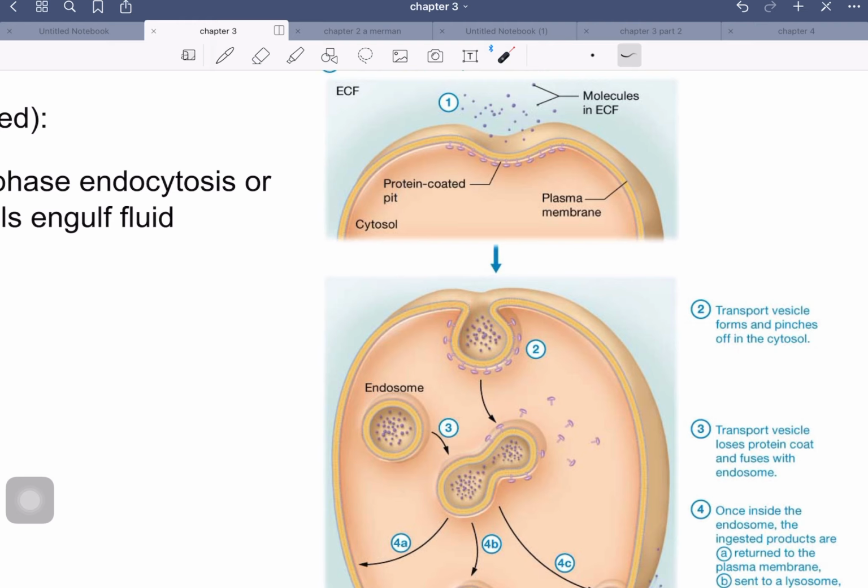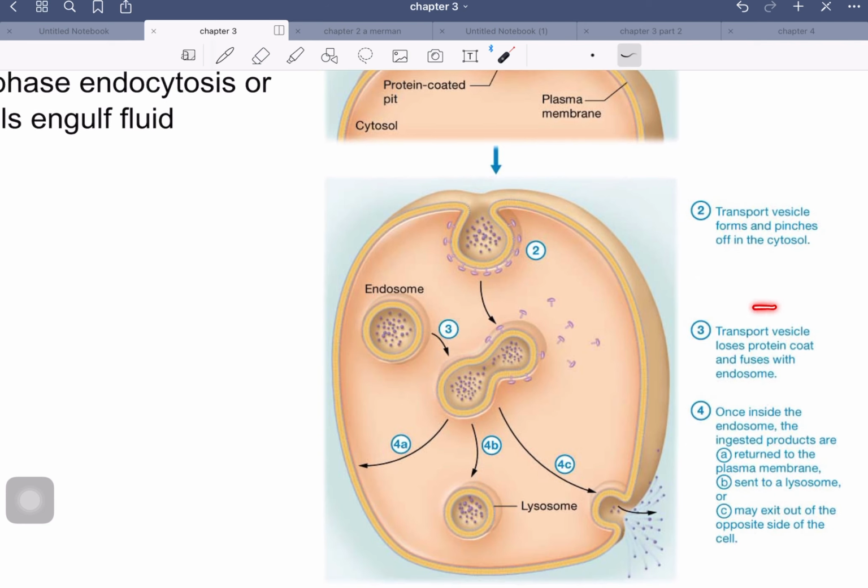This keeps going until the membrane folds onto itself and touches, and eventually it splits off from the membrane above, and then I have a vesicle that can travel. So the transport vesicle forms and pinches off into the cytosol. The transport vesicle loses its protein coat and can fuse with things like endosomes.